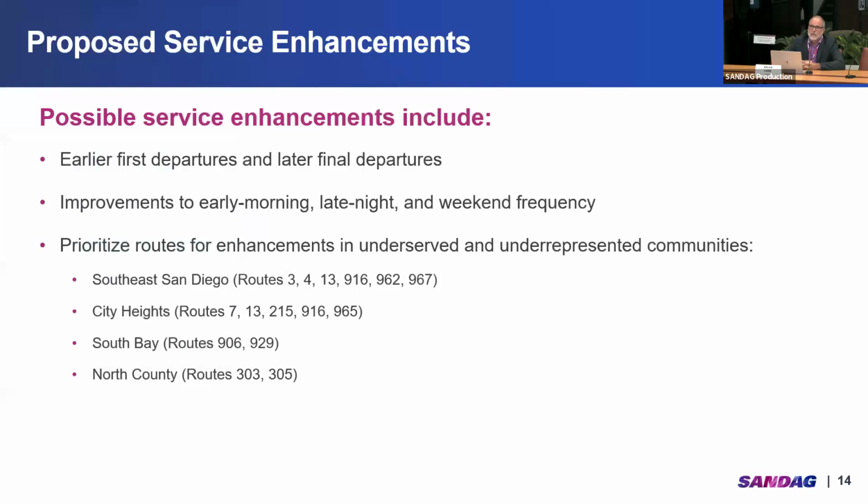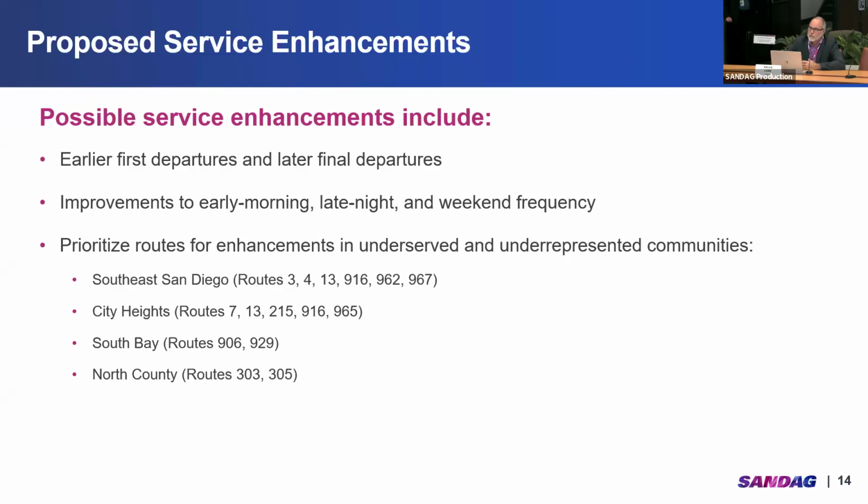Those service enhancements that we did talk about back in 2022 with the group, we were looking at earlier first departures and later final departures, weekends and nights. The group did prioritize the routes for these enhancements in underserved and underrepresented communities and provided us a list of routes that we would look at at that time.